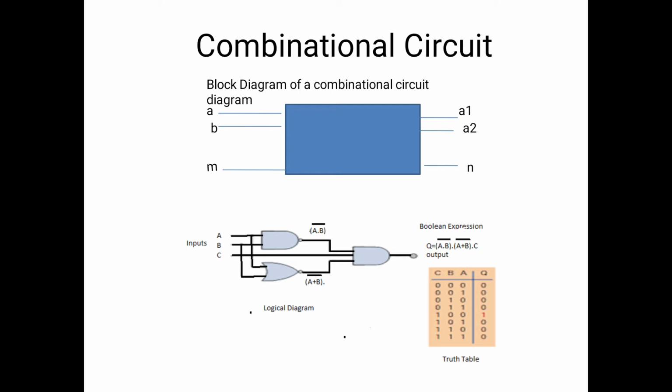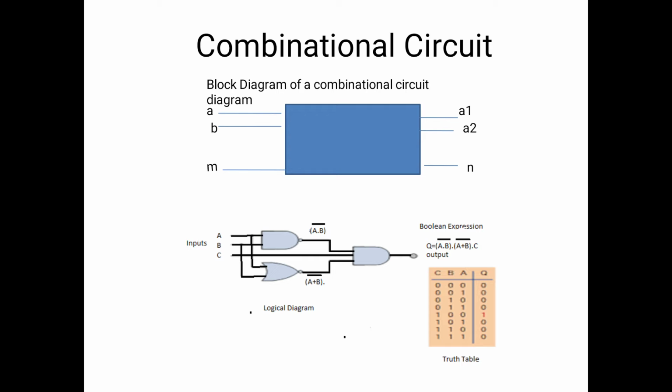One is the NAND gate and other is NOR gate, and output of these along with C is combined with the AND gate, and finally we receive the output A dot B complement dot A plus B complement dot C.